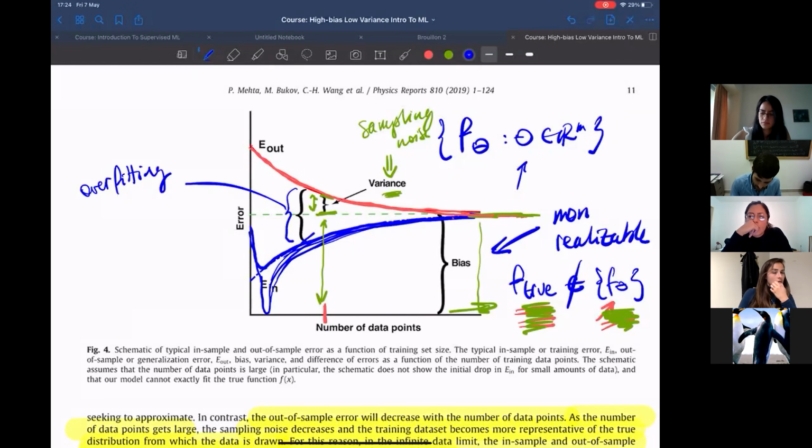While you see, if you have very many data points and you are here, where the difference between training error and test error is very small, it means that the performance that you observe on the training data is extremely representative of what you would get on new fresh data, which means on the test data.